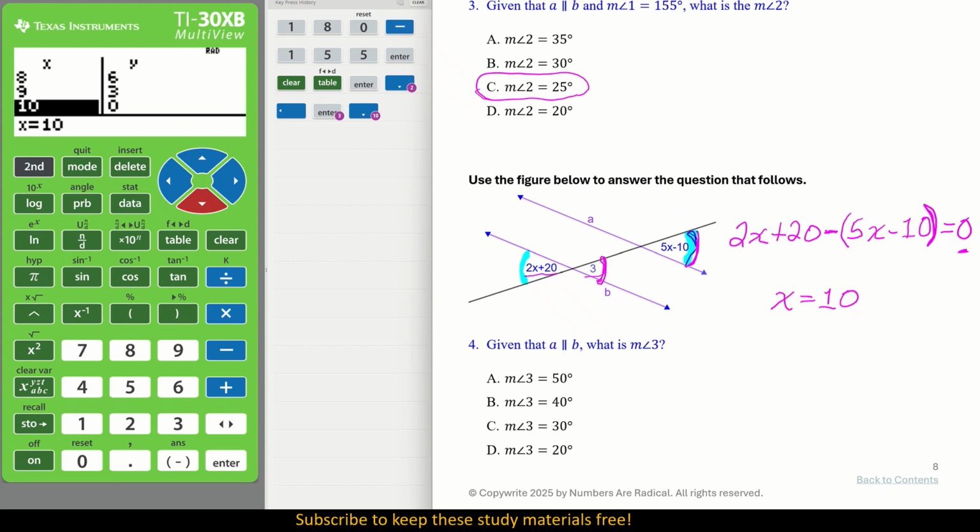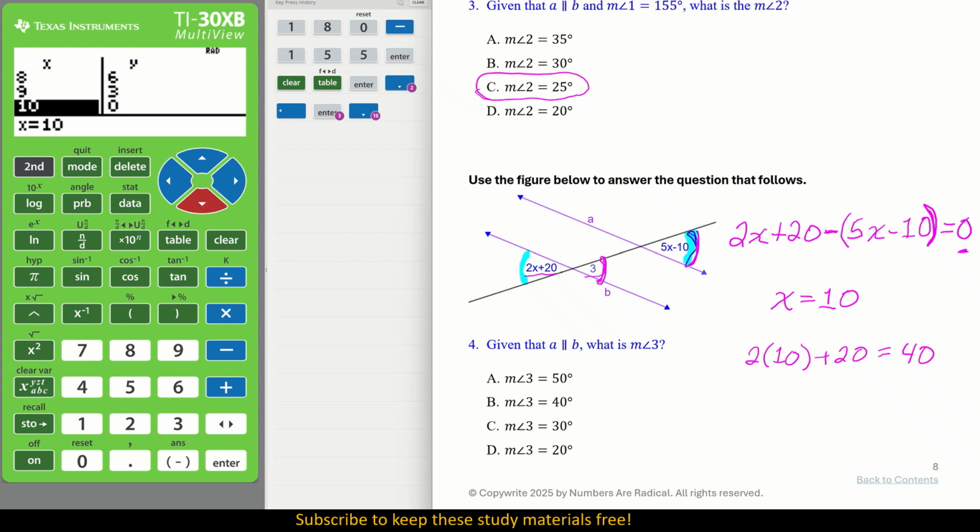Okay? And then I can take one of the angle expressions. It doesn't matter which one. I know 2x would be 2 times 10. I'm going to say plus 20. Well, I know that that equals 40. Let's see. That's 20 plus 20, and that is 40. Okay?